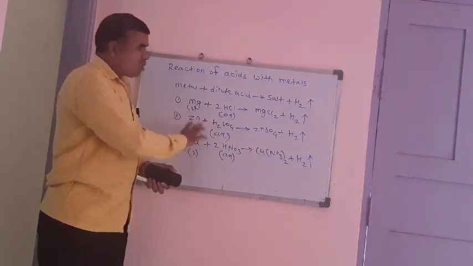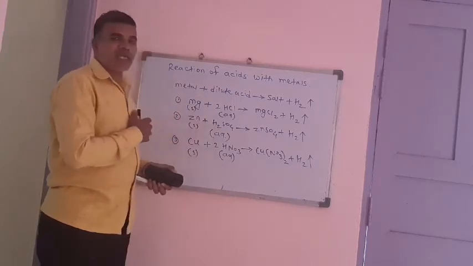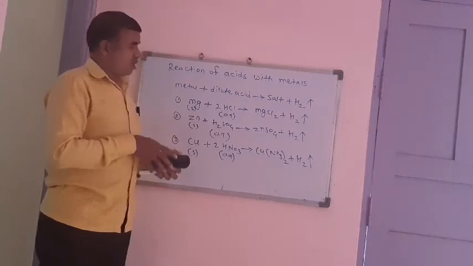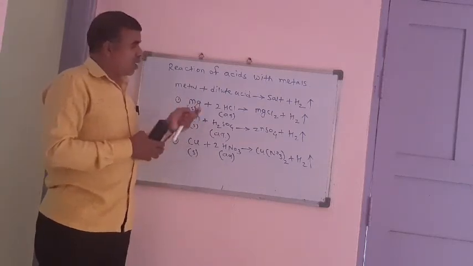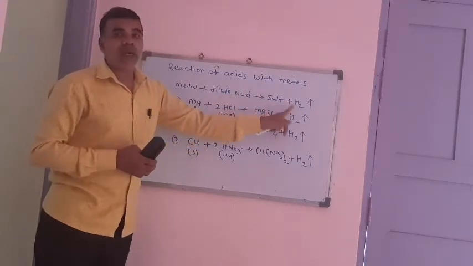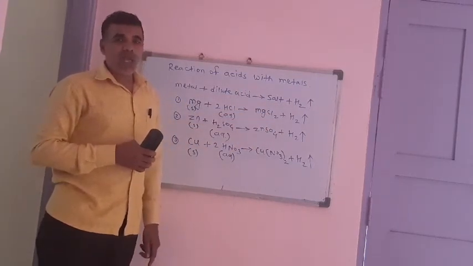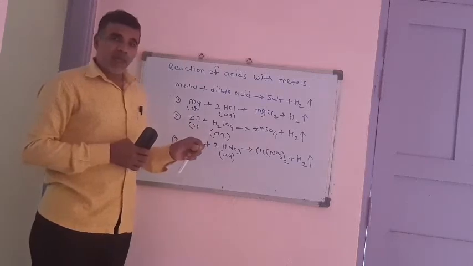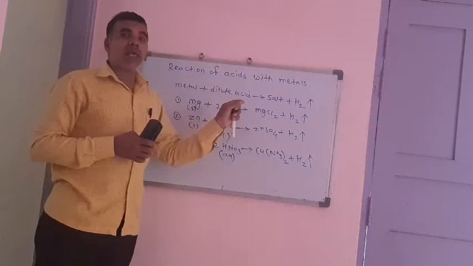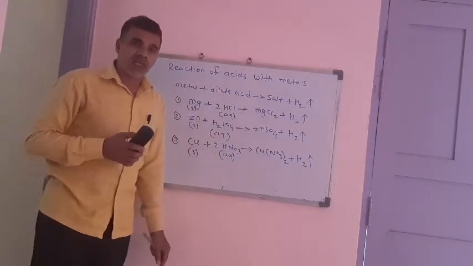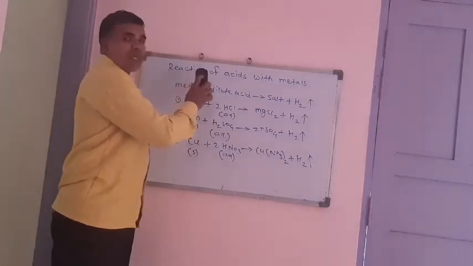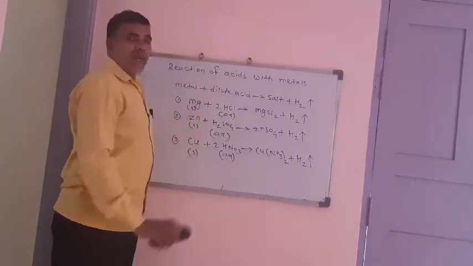From all three examples we conclude that any metal reacted with a dilute acid gives salt and hydrogen gas.